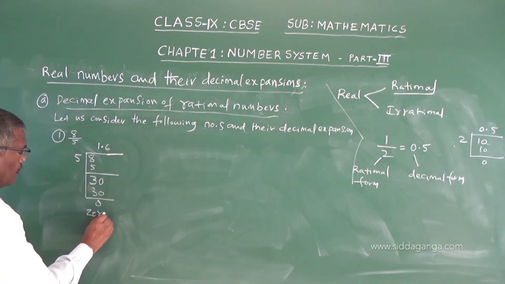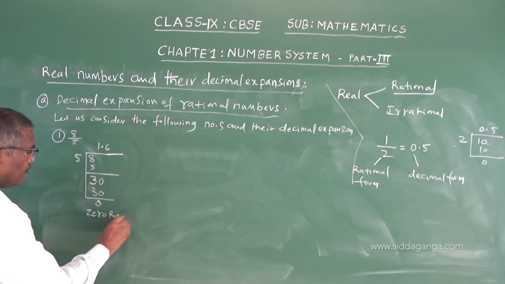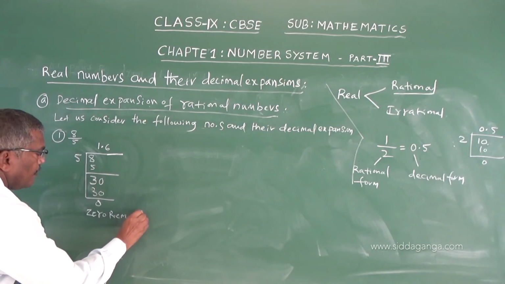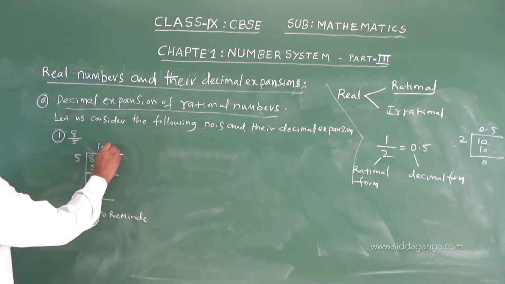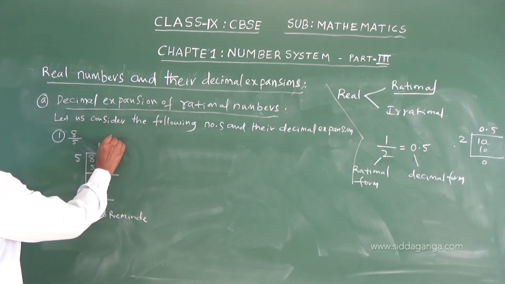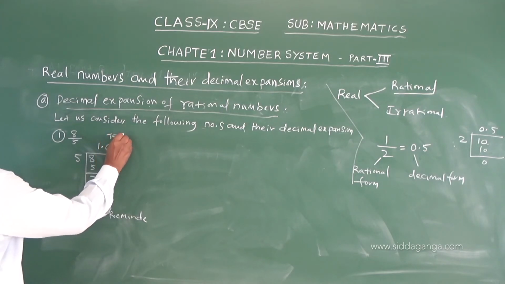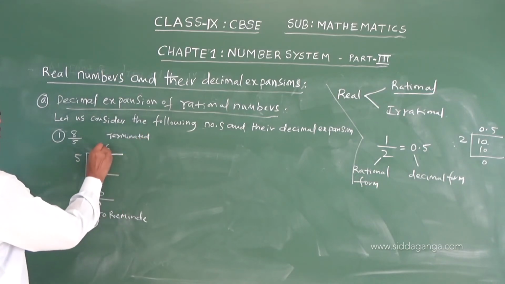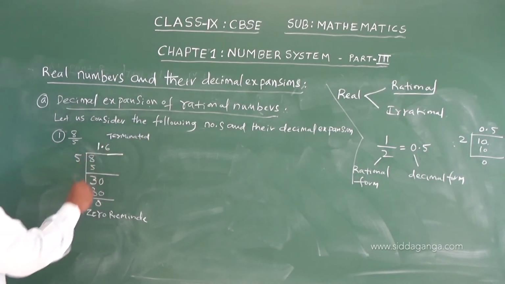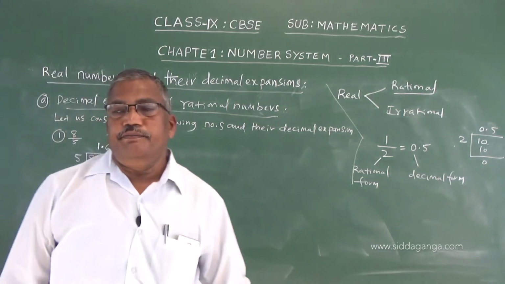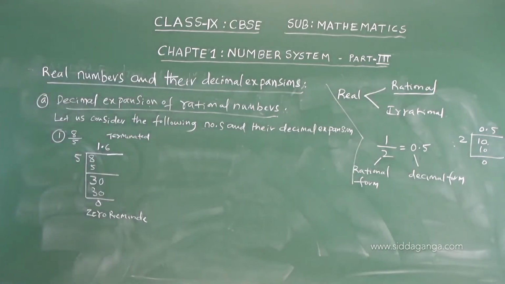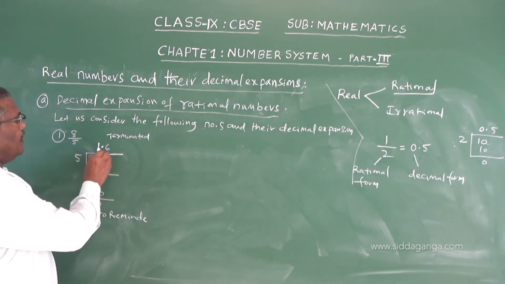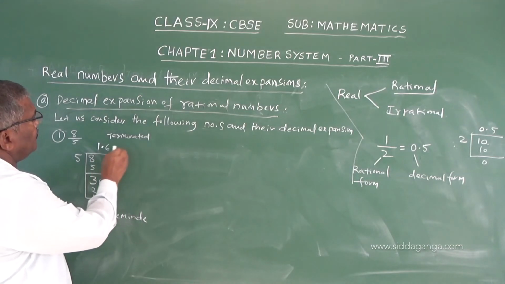We got a 0 remainder, and the division process terminated, and we got 1.6 as the answer. The decimal expansion here will not continue.